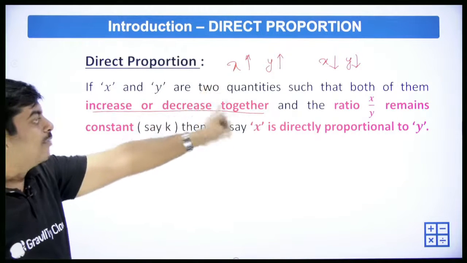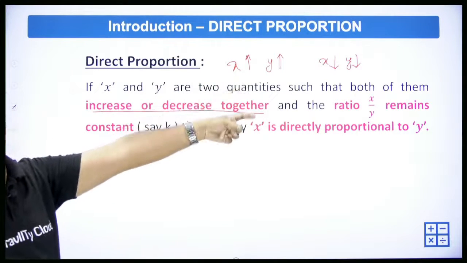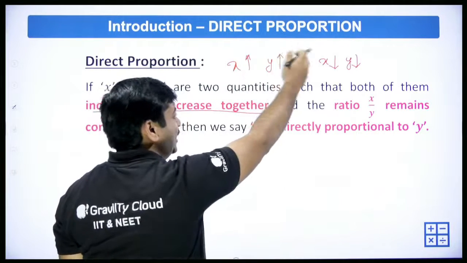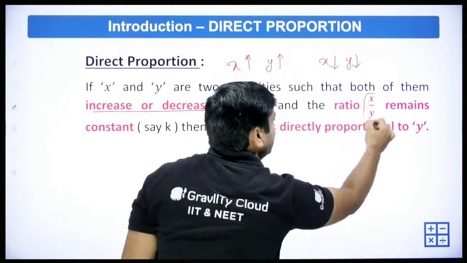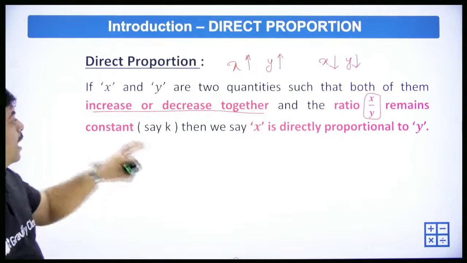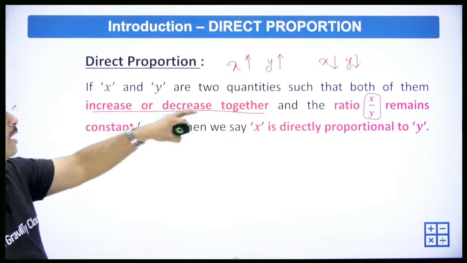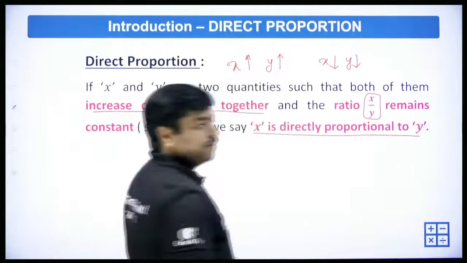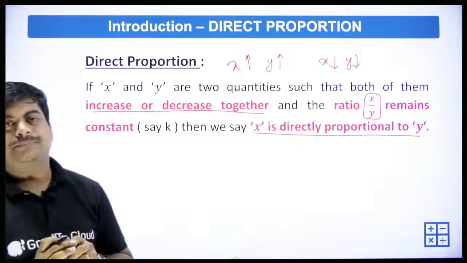The ratio x by y should remain the same. Although x and y are increasing or decreasing, the value of x by y remains constant. Then we say x is directly proportional to y. We discussed that in the last class.